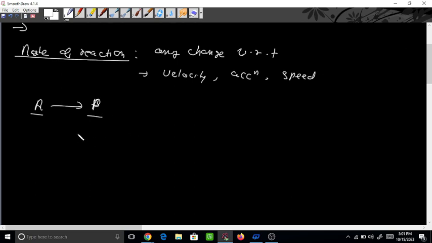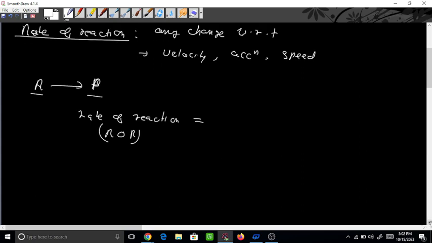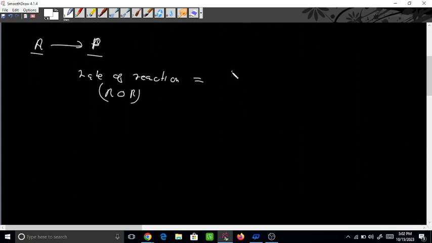So the rate of reaction, next time I will write ROR. ROR means rate of reaction. That will be the change of concentration, and concentration is for both reactant and product.